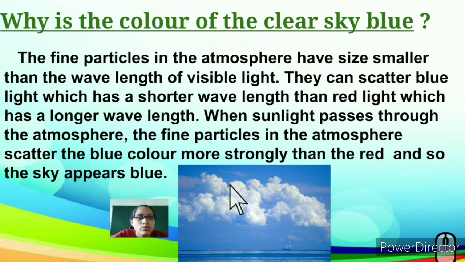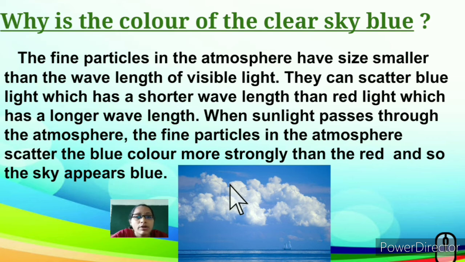So let me explain once again. The fine particles in the atmosphere are very small compared to the wavelength of visible light. Visible light is what we are able to see, but these particles can scatter blue light. These small particles are capable of scattering blue light more than red light, because blue light has a shorter wavelength than red light.